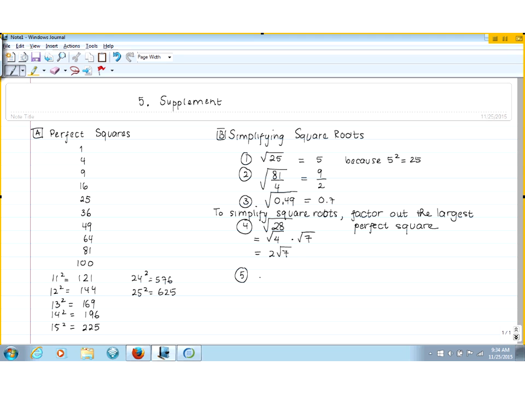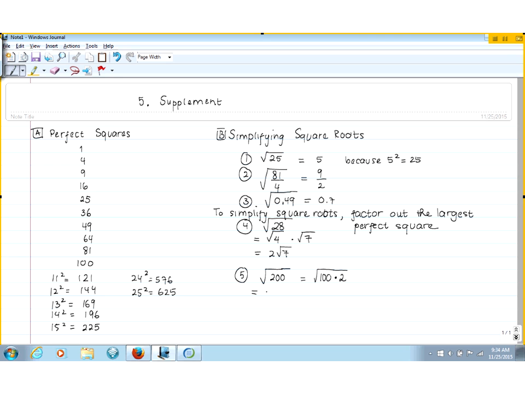Now, what if I ask you to simplify the square root of 200? What would you do? What is the largest perfect square that I can factor out from 200? Okay, so this is the square root of 100 times 2. Or you could split out the square root, it doesn't matter.